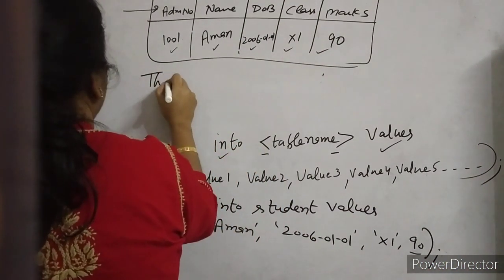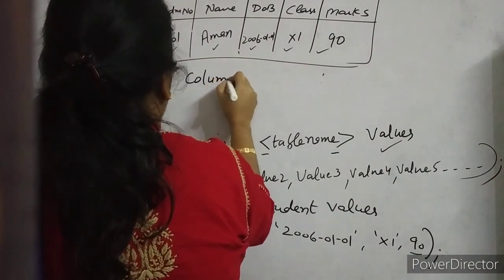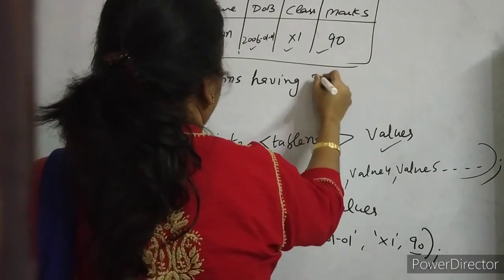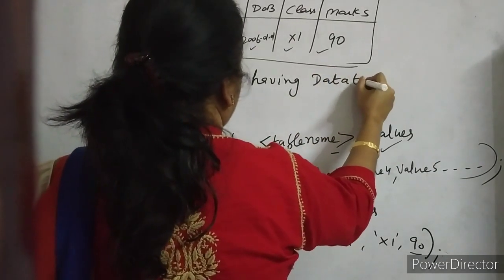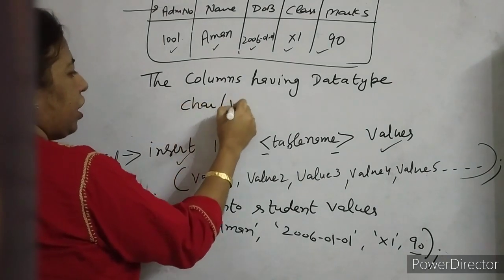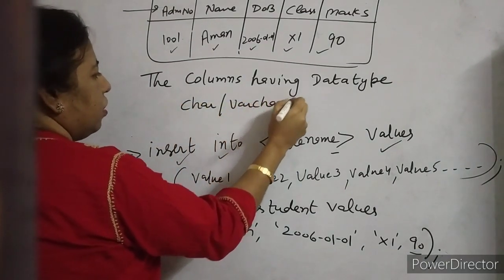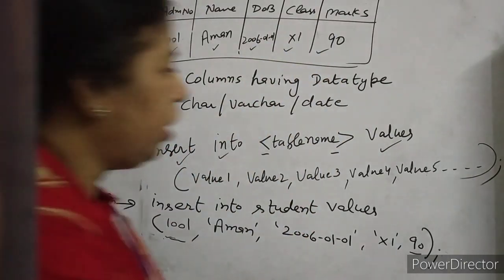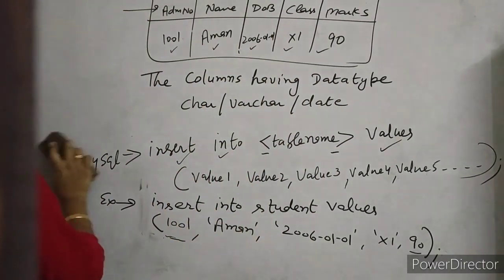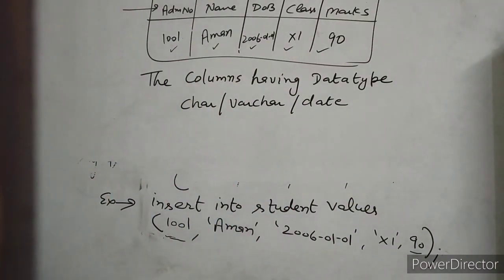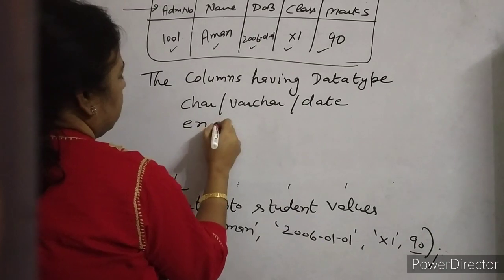The columns having data type char, varchar or date: you have to enclose the data in single or double quotes. This is the rule.